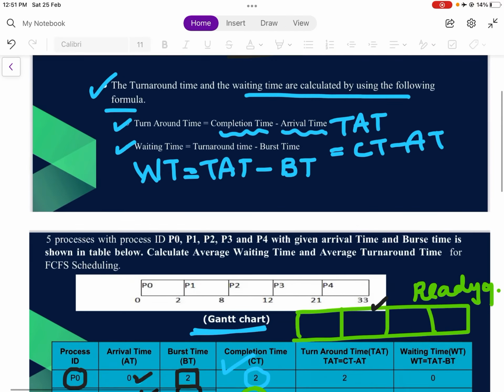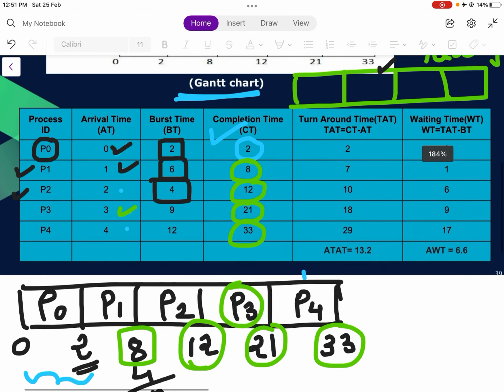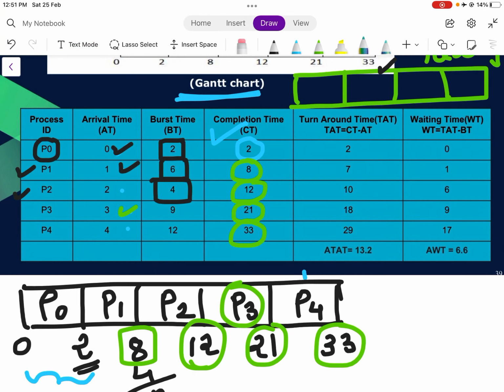Turnaround time, we saw the formula, it is nothing but completion time minus the arrival time. So my completion times are 2 minus 0 is 2. Then 8 minus 1, that is 7. 12 minus 2, that is 10. 21 minus 3, that is 18.